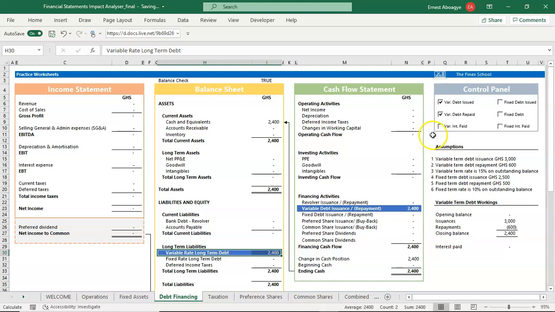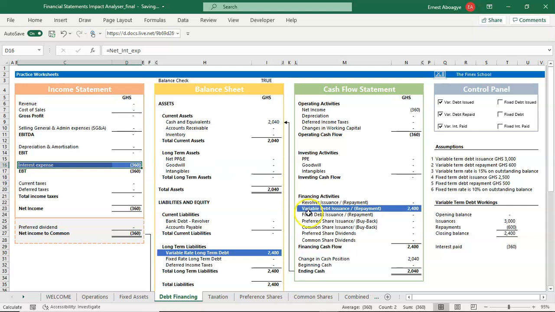2,400. But if we pay interest, so let's assume we pay interest of 15% on the outstanding balance. Once we have 2,400 outstanding balance, the interest component is what will be charged to the income statement. So just like the long-term assets, if we don't depreciate, no impact on the income statement.